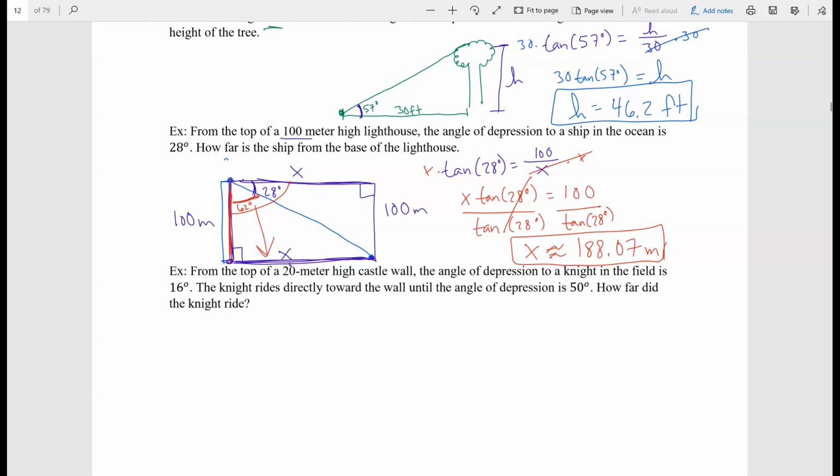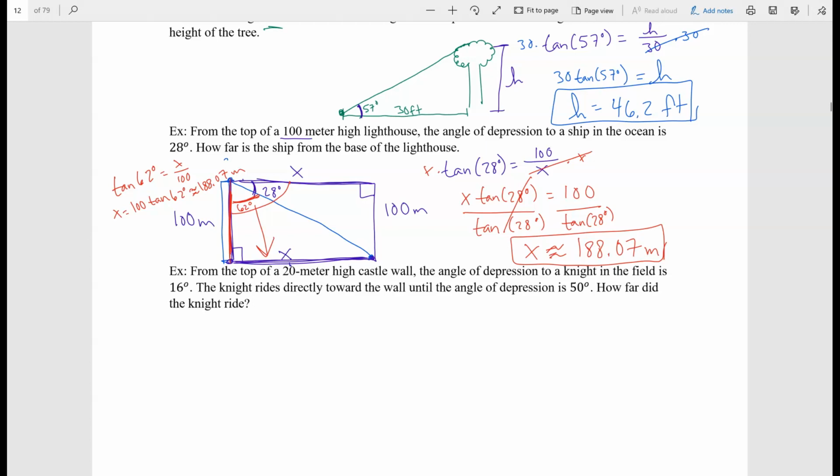So the tangent of 62 degrees is equal to x over 100, and move the 100 over, so x is equal to 100 times tangent of 62 degrees. That is going to give you exactly the same answer, 188.07.